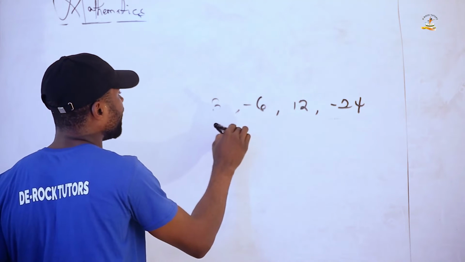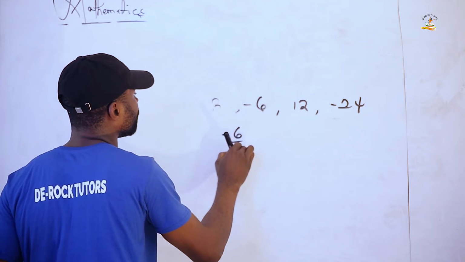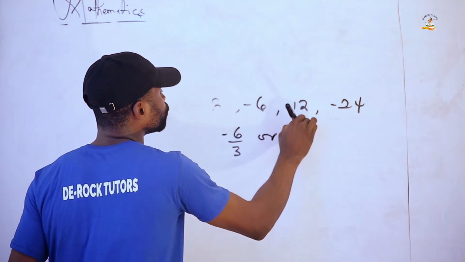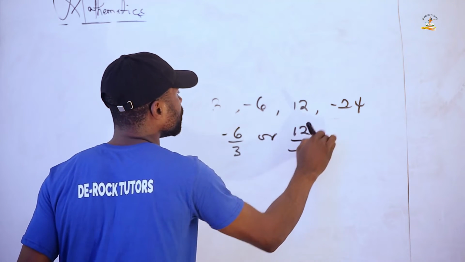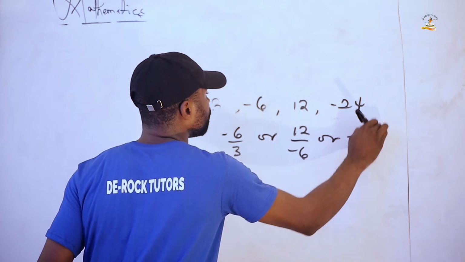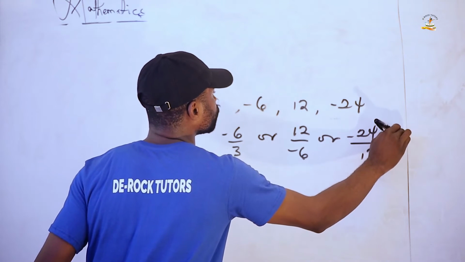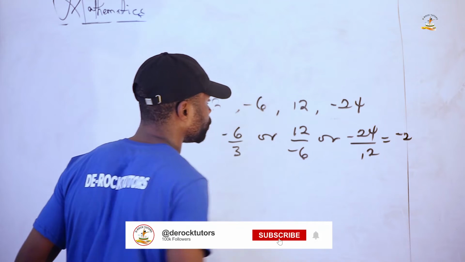The common ratio here is minus 6 over 3, or 12 over minus 6, or minus 24 over 12, which is equal to minus 2.